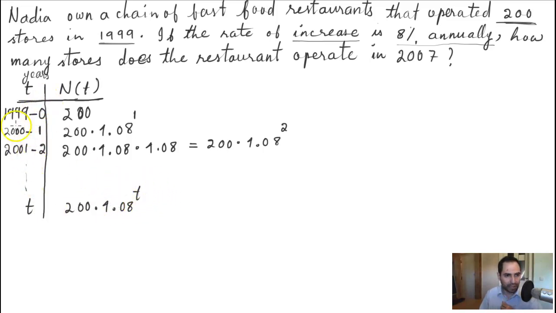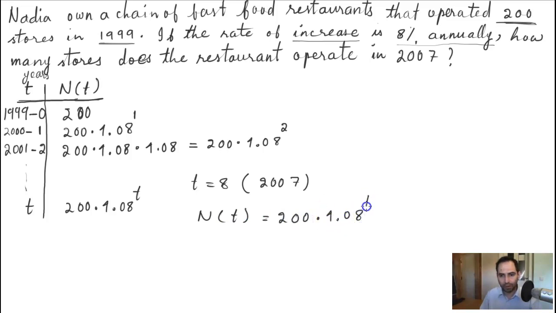So 2007 is 8 years after 1999, so t is equal to 8, which corresponds to 2007. And I can rewrite the whole function as n of t equal to 200 times 1.08 raised to the tth power.